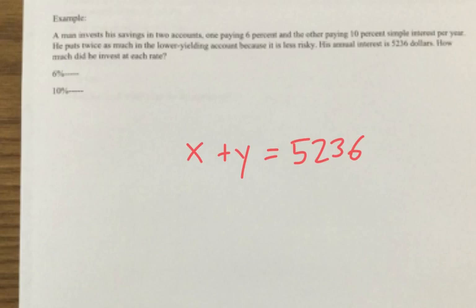That is not going to be correct, because that's not what X and Y are supposed to be. What are X and Y supposed to be here? How much did he invest at each rate? So what do my X and Y represent?